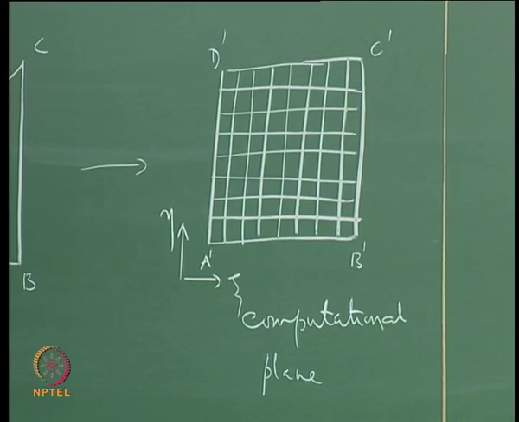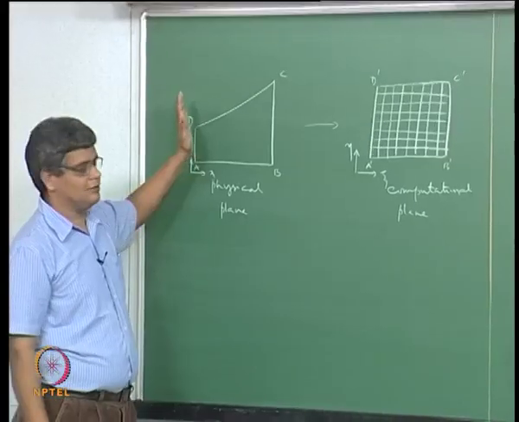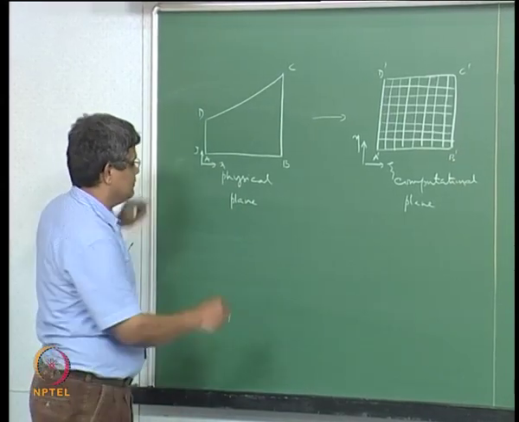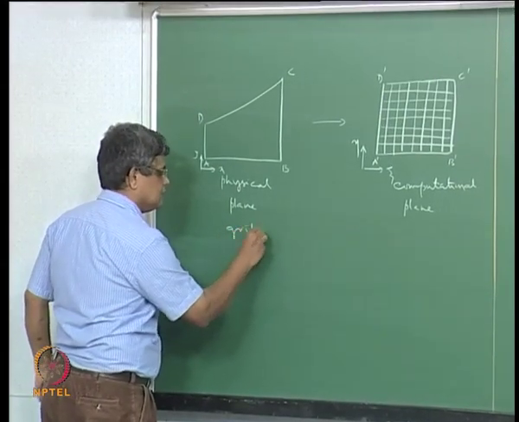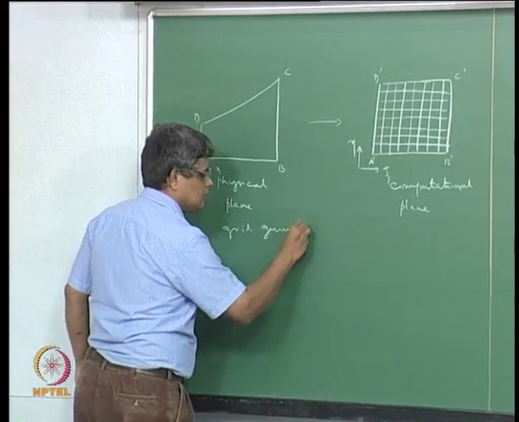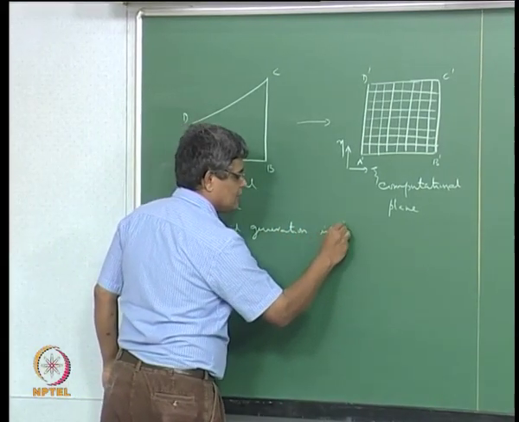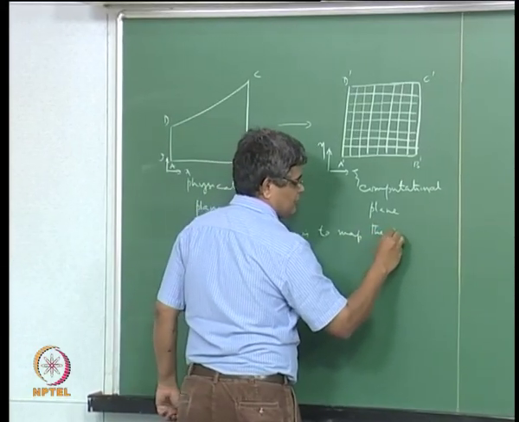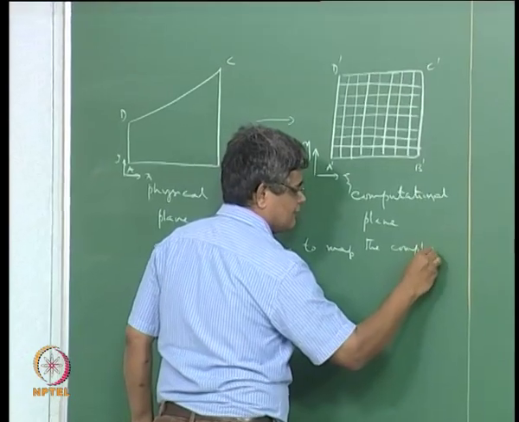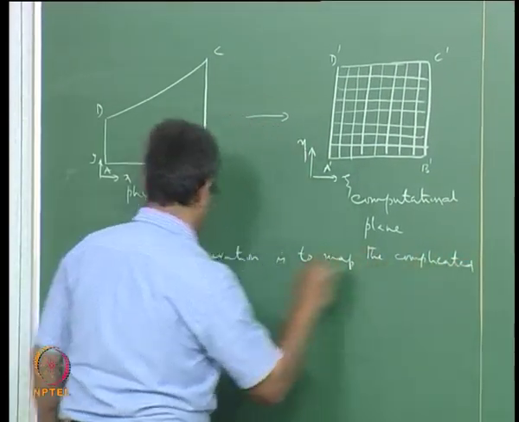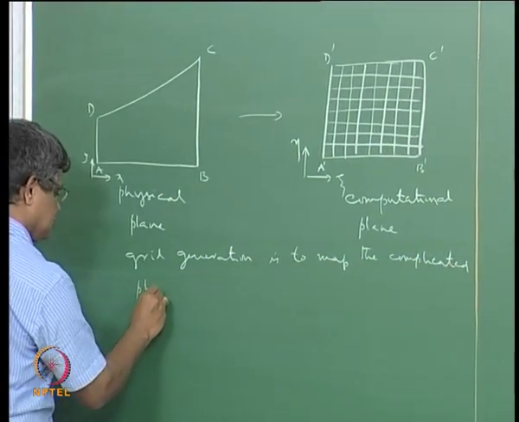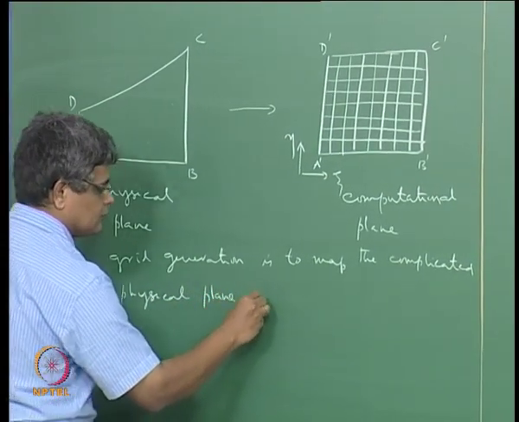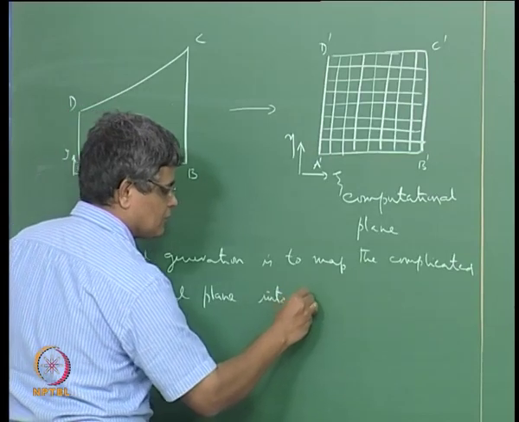But the physical plane here is more complicated, and so the idea of grid generation is to map the complicated physical plane into a simple computational plane.